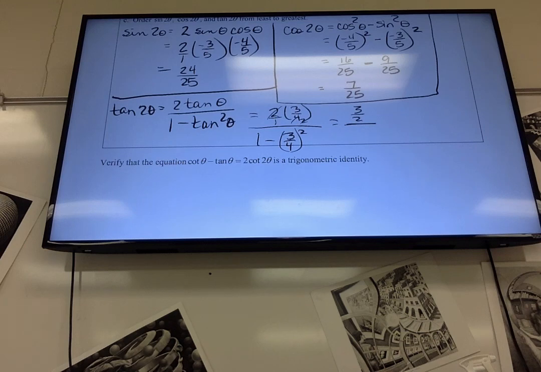Now bottom, it's 1 minus 9 over 16, because you squared the 3 and the 4. I need a common denominator, so I'm going to make that 16 over 16, which is the same thing as 1. That's 3 over 2 over 7 over 16. Keep, change, flip. Make that 24 over 7.